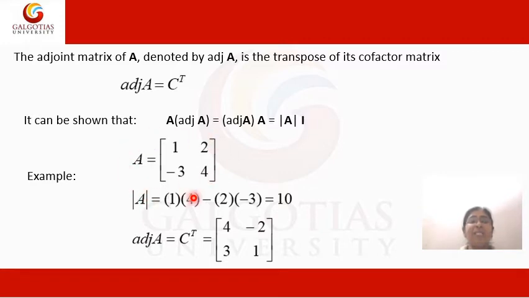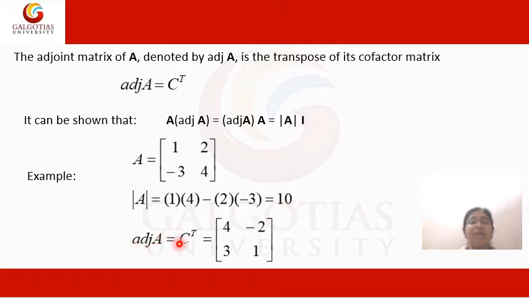First of all, we will find the determinant of this matrix. So |A| is 1 into 4 minus 2 into -3, so it will be 4 plus 6, which is equal to 10.